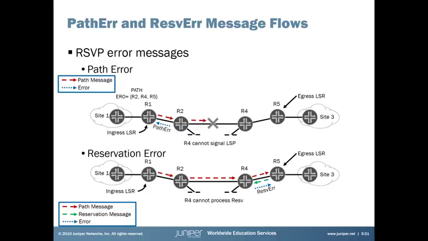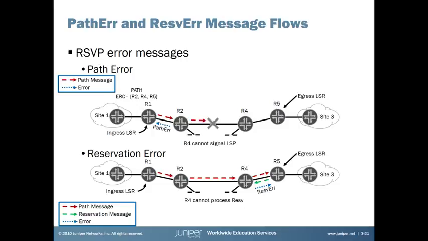So a path error message will occur if a path cannot be created, so R4 cannot signal the LSP. So you've said, well, this path must go from R1 to R2, and then to R4, and then to R5.